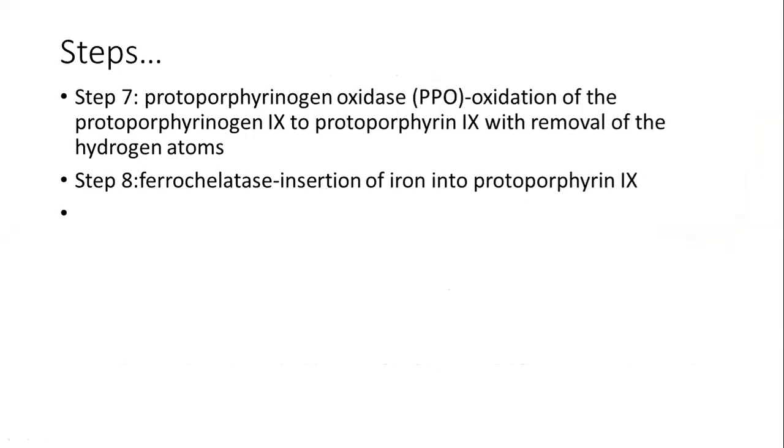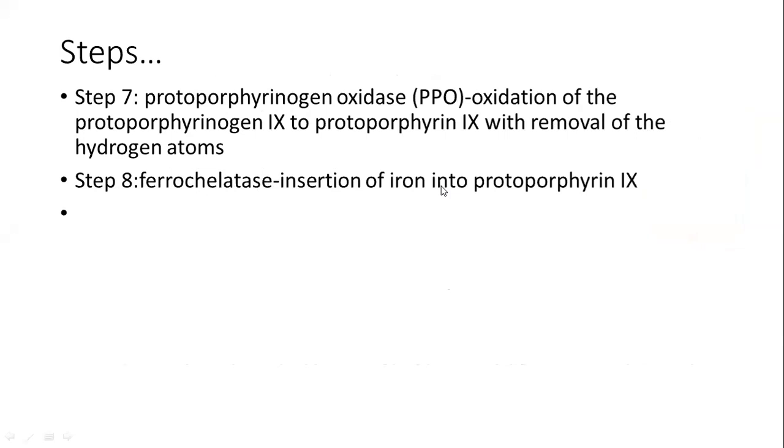So step number 7 is where protoporphyrinogen oxidase oxidizes protoporphyrinogen, which then will be bound to iron, and subsequently you end up with ferrous protoporphyrin, where we started from. And I think now you can see how heme is synthesized from the mitochondrion all the way down to the cytosol and back into the mitochondrion.